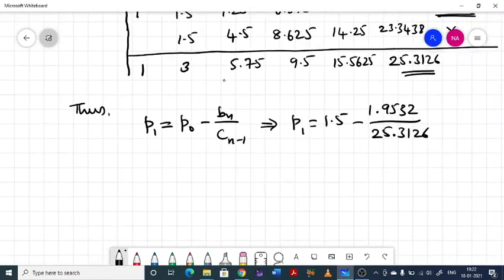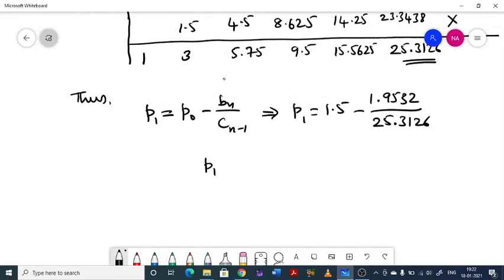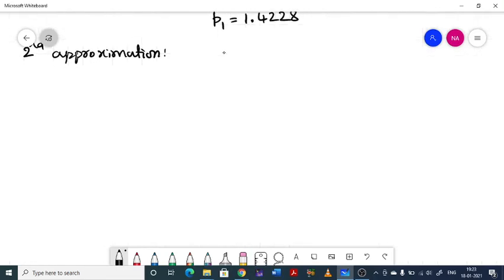So P1 will be approximately 1.4228. Now a second approximation. 1.4228 you have to keep here.